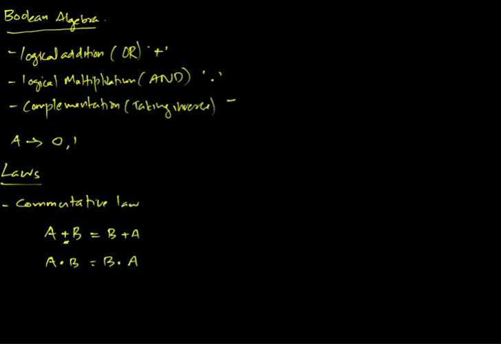So Boolean algebra obeys the commutative law. That means the order in which the variables are ORed or ANDed makes no difference, as the same answer is arrived at either way. Then the second one is the associative law.